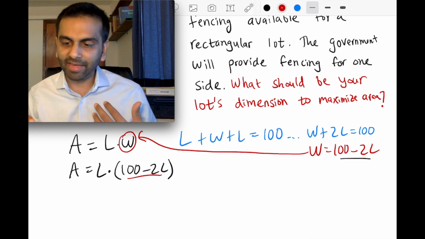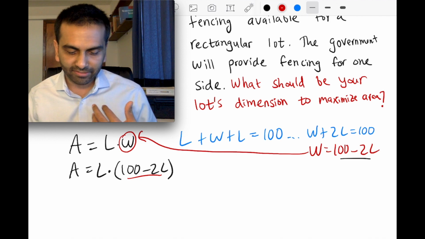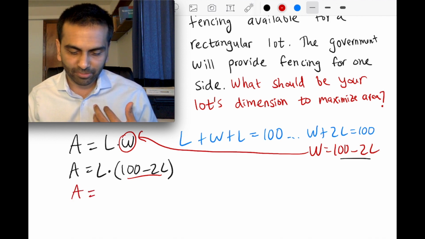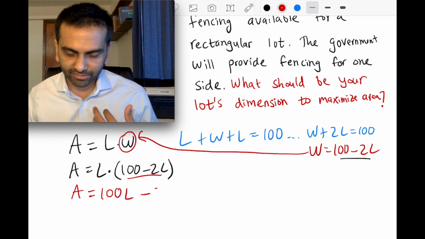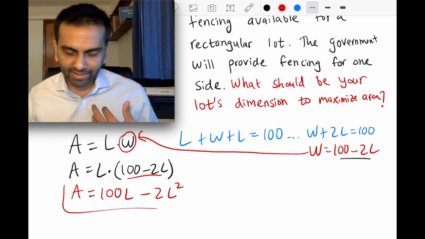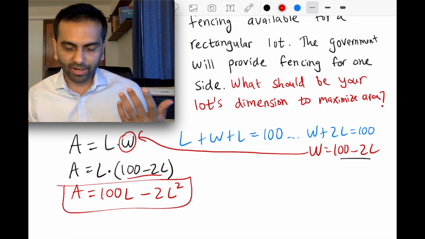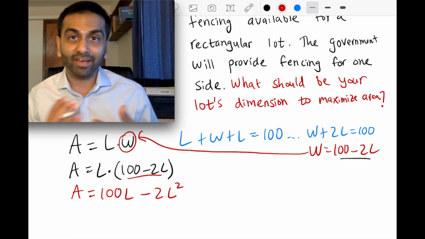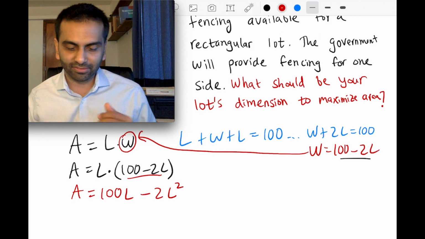And now I can even simplify this as area equals, distributing, 100 times L is 100L, minus L times 2L is 2L squared. And so now I have it down to a really simple quadratic equation that I can optimize the regular way: take the derivative, set it to 0.